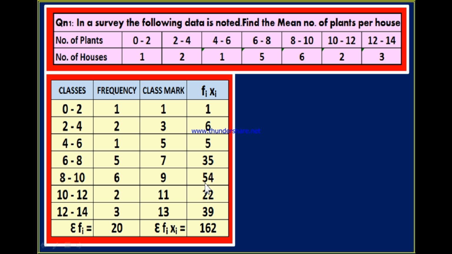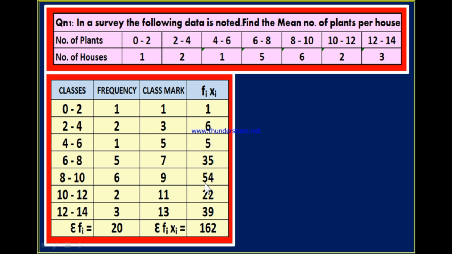In order to solve this question in the step deviation method, let us consider the middle class mark or mid value as small a. Small a stands for assumed mean. Understood? Small a stands for assumed mean. Therefore, we will consider the middle mid value as small a. You can consider any mid value as small a, no problem.